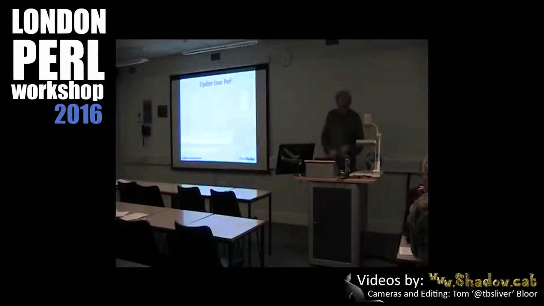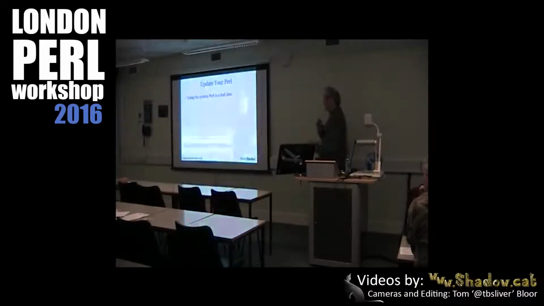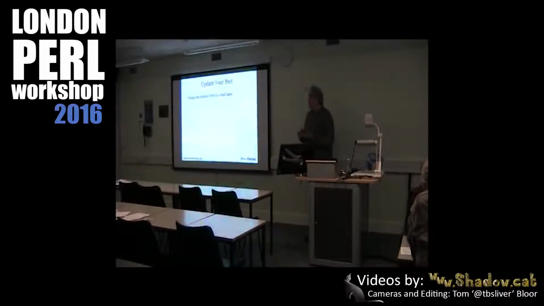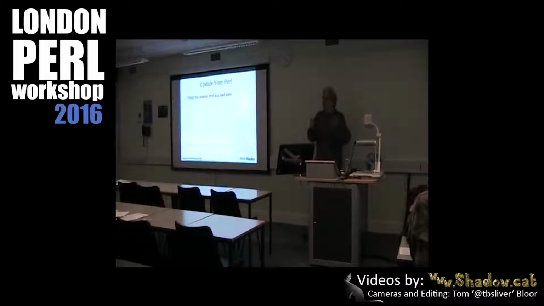So the takeaway from this is that you should update your version of Perl, and using the system Perl is generally not a very good idea for all sorts of reasons, but one of them is that if you're stuck using, for example, off the top of my head, Red Hat Enterprise Linux 6, that's a fairly common version of Linux that people use in production, then you'll be using Perl 5.10.1 because that's the version that comes with that version of Red Hat, and these vendors, they will not update it through a major version number during the lifetime of that release.